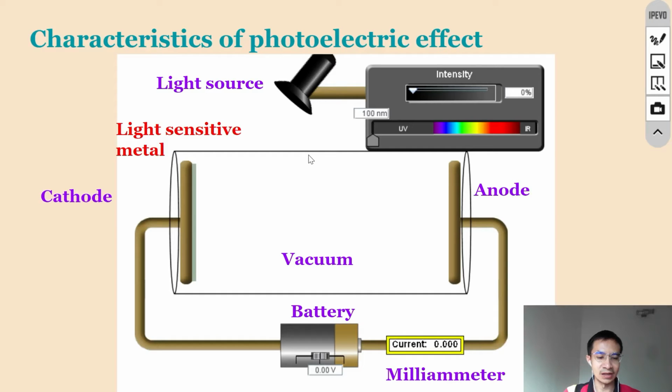A photocell consists of a cathode coated with a photosensitive material and an anode. Photocells are either vacuum or filled with inert gas at low pressure to achieve greater sensitivity.